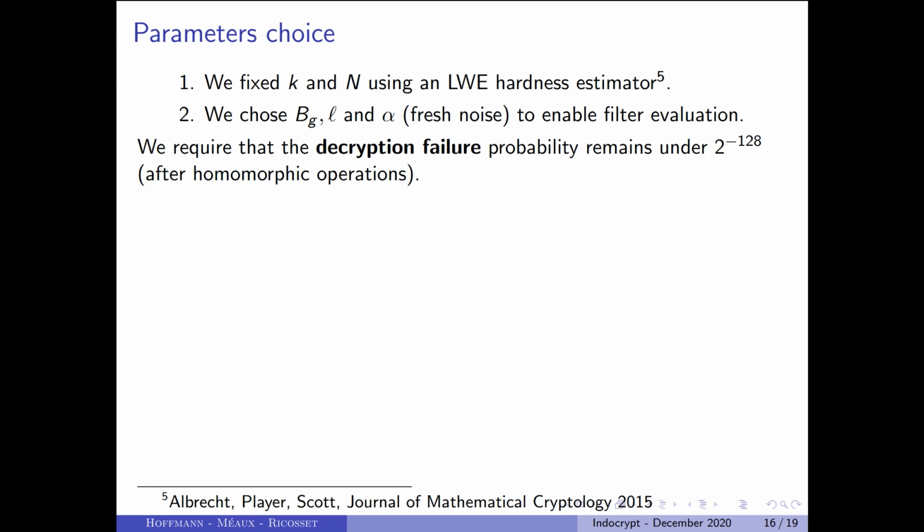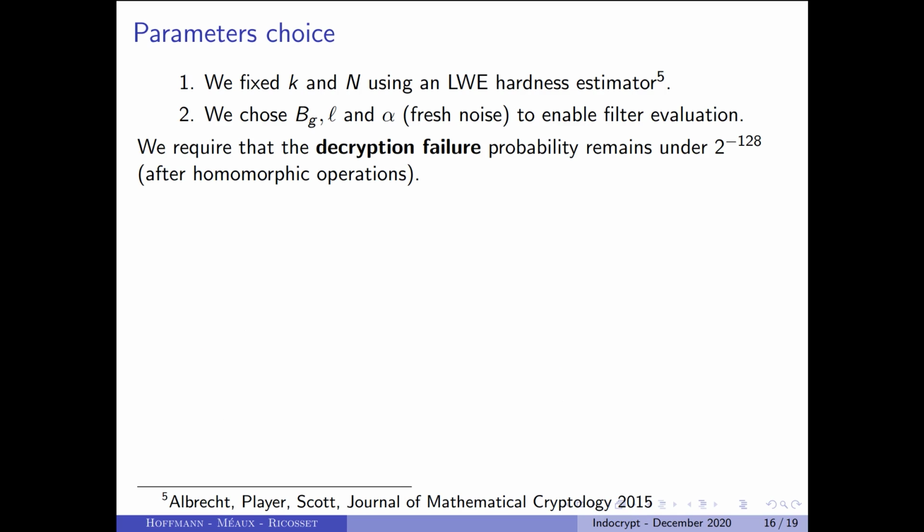Secondly, these parameters must guarantee that we can correctly evaluate our filter, which means that the noise will not overflow during the homomorphic operations. We require that at any time, the probability of decryption failure for a ciphertext remains under 2 to the power minus 128. If this requirement is not fulfilled, it can lead to attacks.